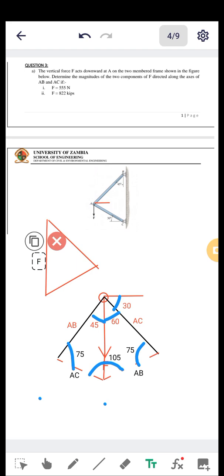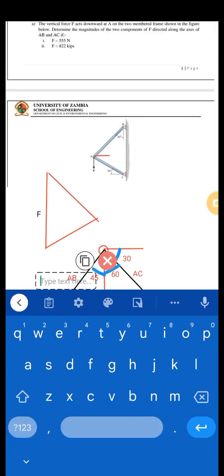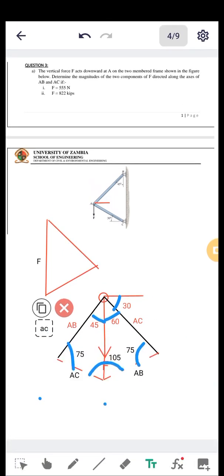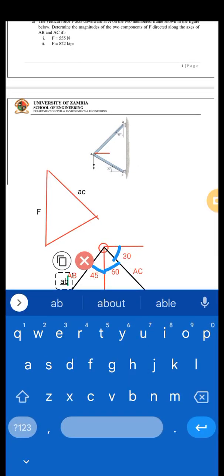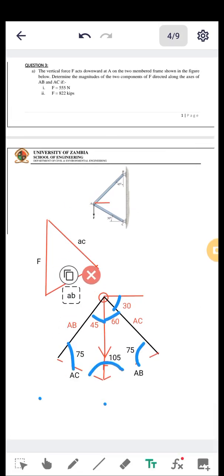This is force F, this is force AC, and we also have AB. That is force AB. What about the angles?